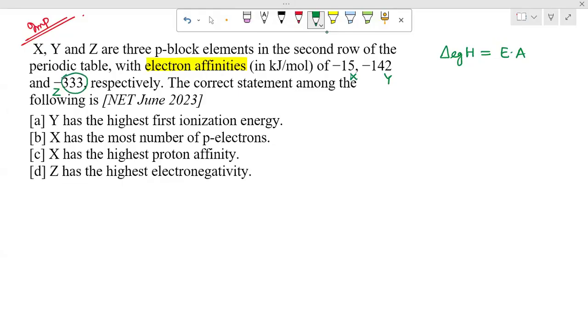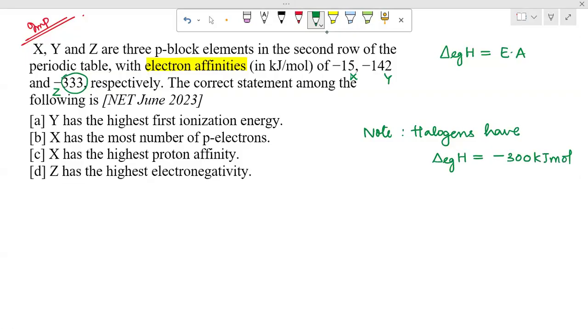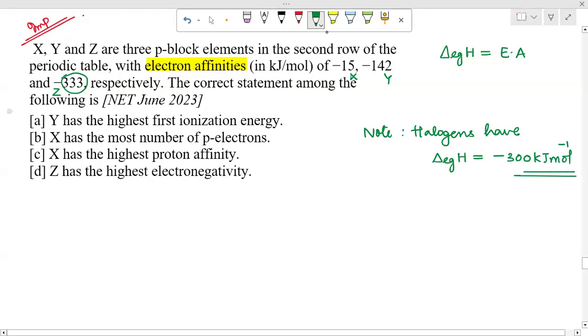Now, it will be good if you know this, that usually halogens have electron gain enthalpies as high as minus 300 kilojoules per mole. They have very high values. So from this, you can understand that Z is a halogen.